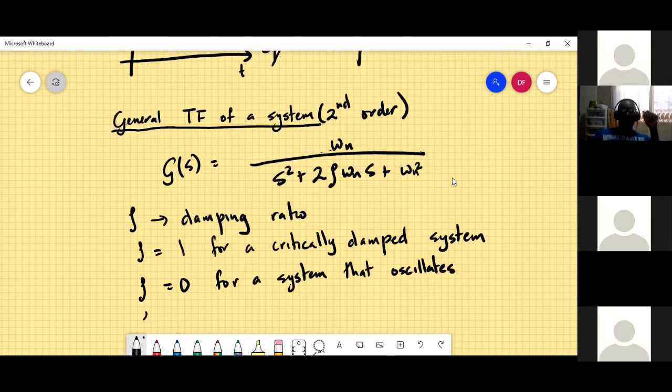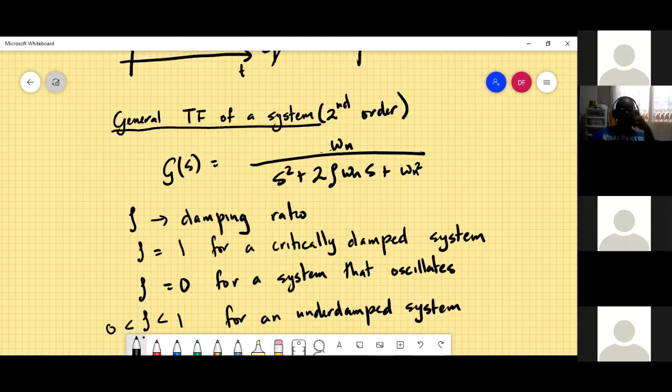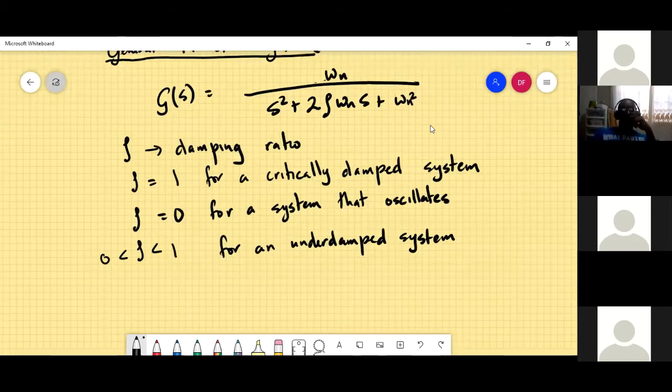It's between 0 and 1 for an underdamped system, and it's greater than 1 for an overdamped system.